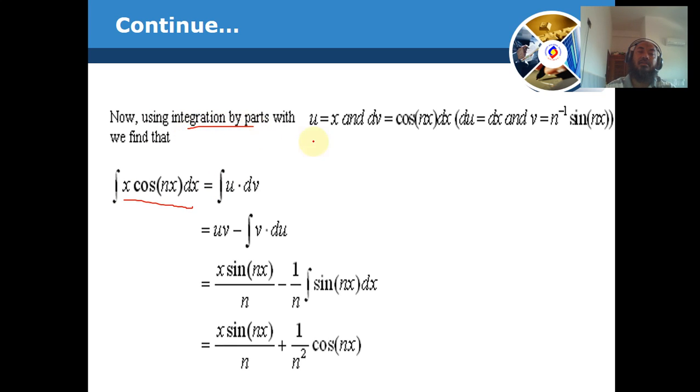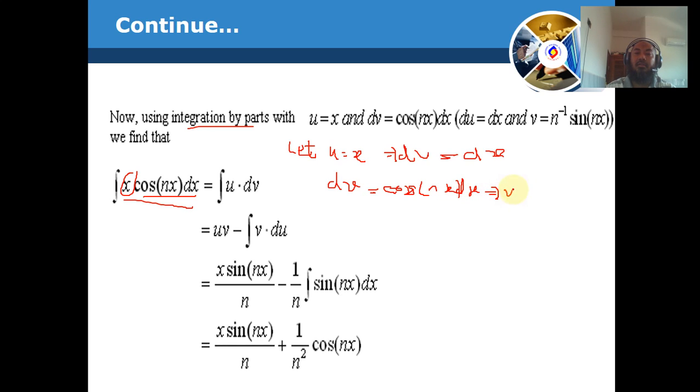integration by parts. So what is integration by parts? In here we let u equal to x, and then we get du equal to dx, and then we have dv equal to cos nx dx.